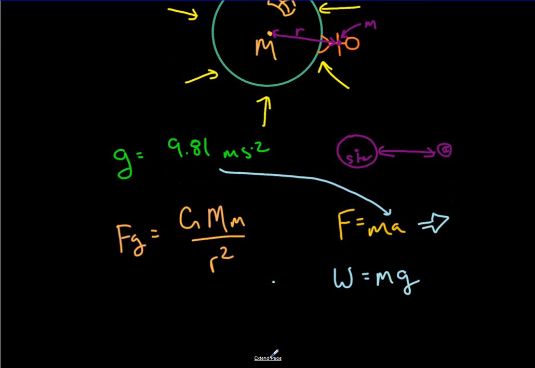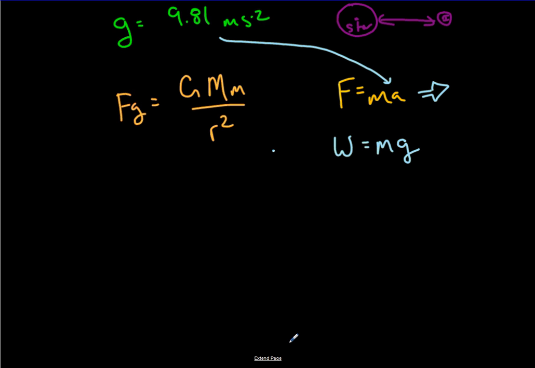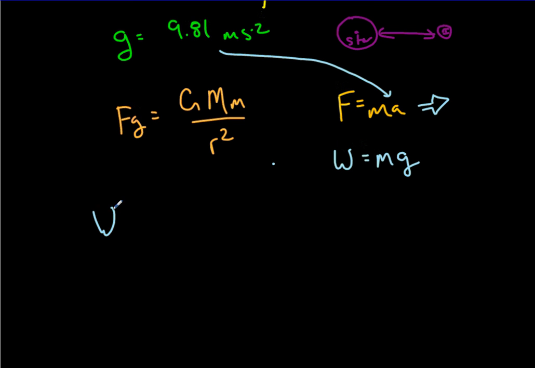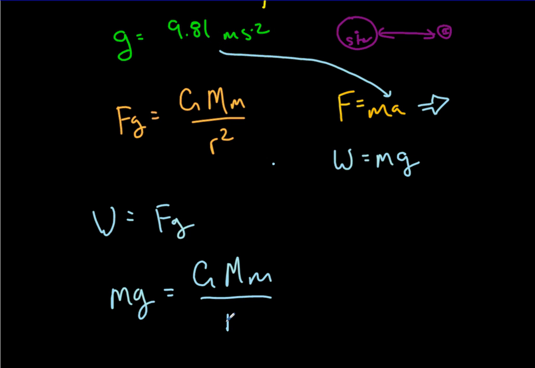So we can say weight and the force of gravity are equal, right? They're the same thing. So weight is mg. We should be able to say that mg is equal to big G, big M, that's the mass of the planet Earth, over little m, all over r squared.